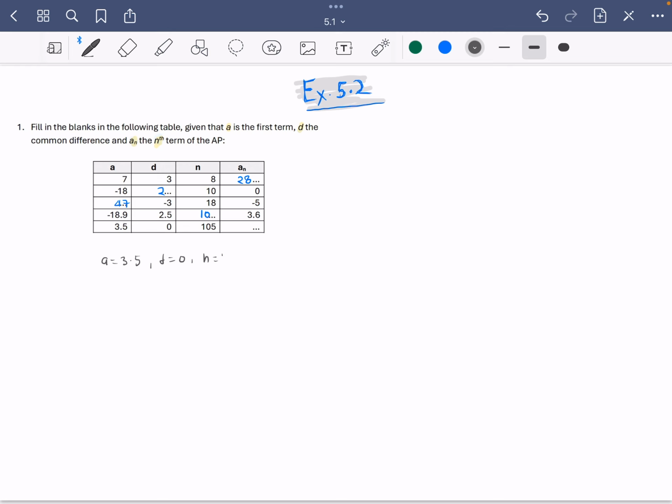N is going to be 105. Doesn't matter which term you take, it's going to be the same. So the 105th term is going to be 3.5 plus 105 minus 1 times 0. It's going to be 3.5 plus 0, 3.5. A105 is 3.5.